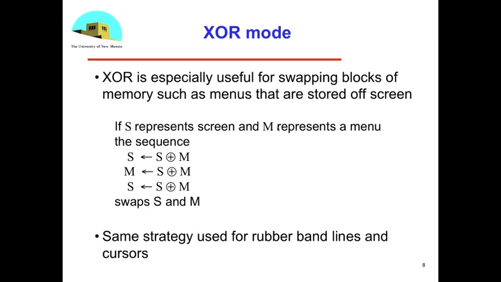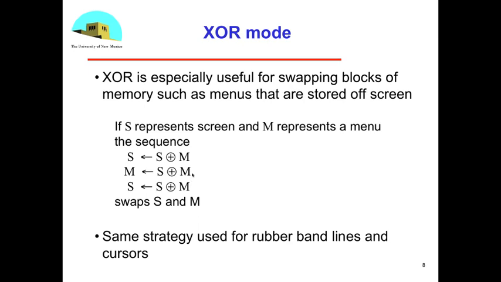But let's look at this alternative using exclusive OR. If I exclusive OR the menu with that area of the screen and put that onto the screen, I'm going to get something which looks a little weird, but I'm immediately going to then take that and exclusive OR it again with the menu.